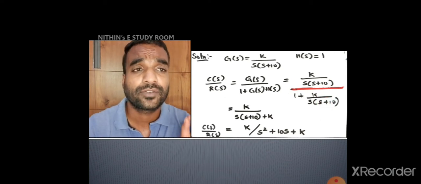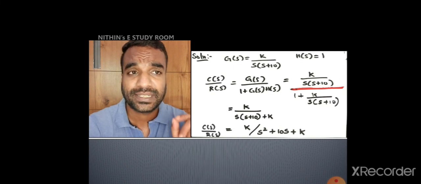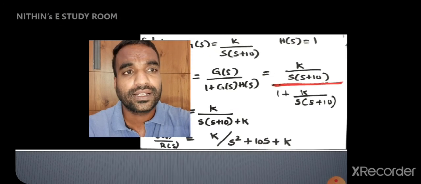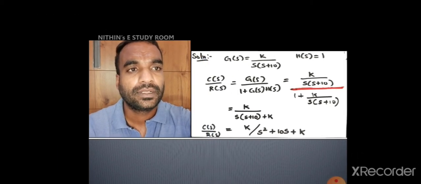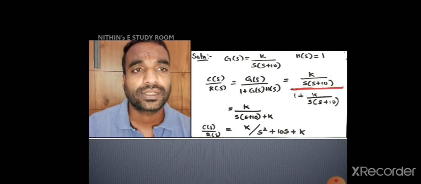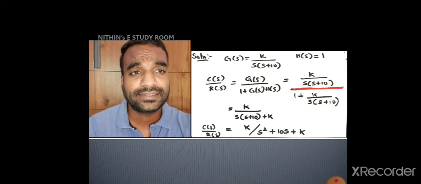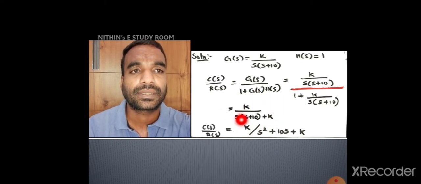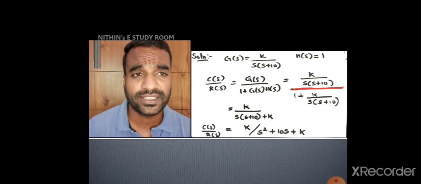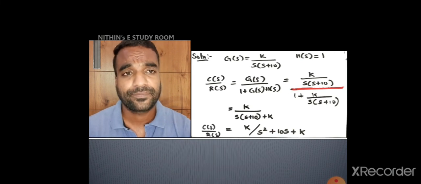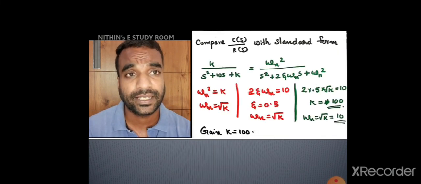Now we can cancel that common s into s plus 10 with the s into s plus 10 in the numerator. Now the term will become k by s into s plus 10 plus k. So c of s by r of s is equal to k by s square plus 10s plus k.